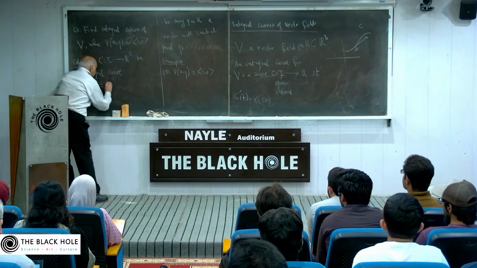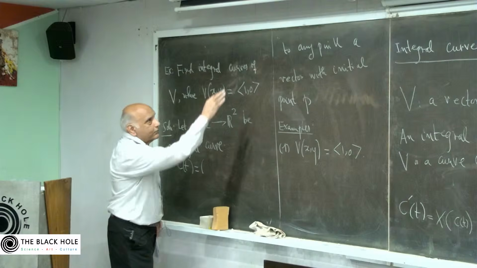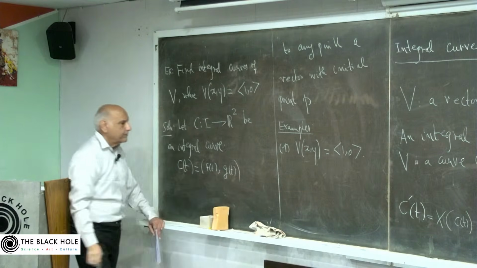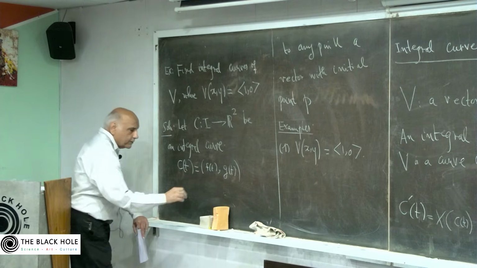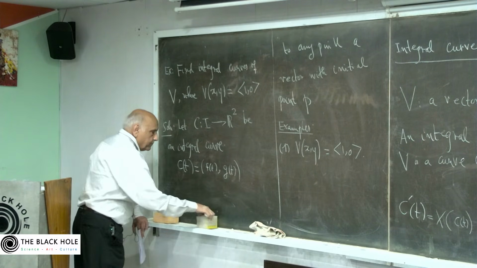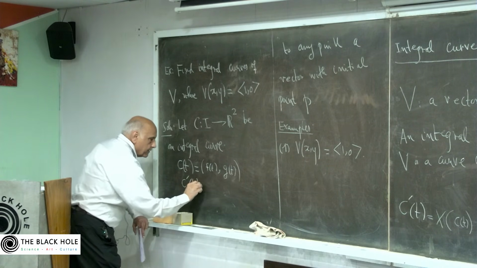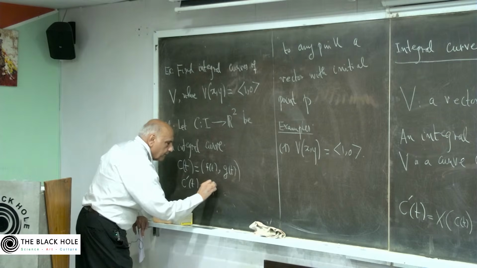C(t) is equal to (f(t), g(t)). So what is C'(t)? C'(t) is equal to (f'(t), g'(t)).